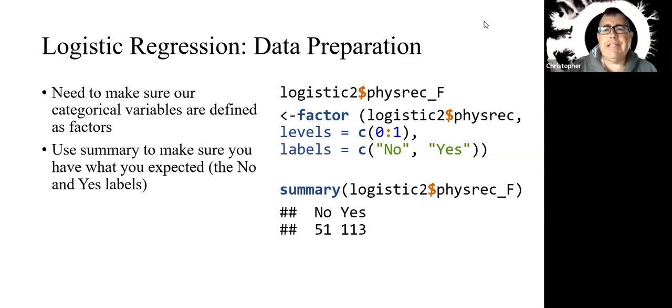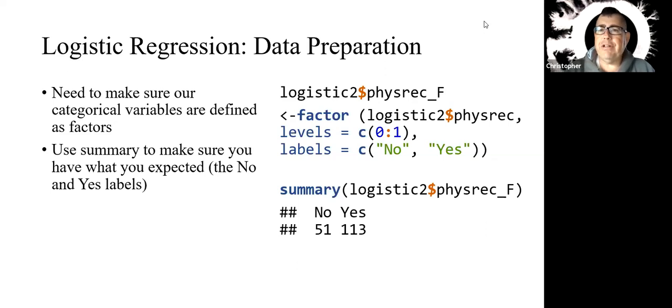So what I've provided here is an example of some code creating a new variable. This is a variable called physician's recommendation, which we'll take a look at in the next set of slides. It's basically a yes or no question that was coded initially as 0 and 1.